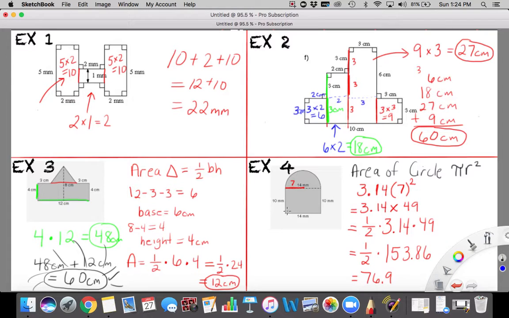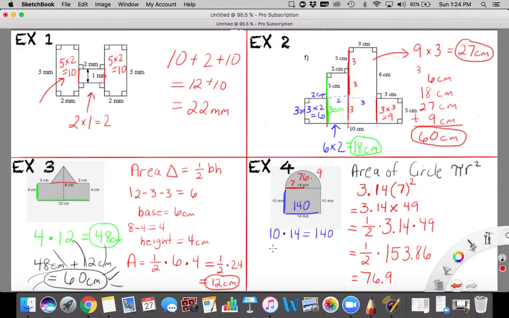We have 10 as that length and 14 as that width. So 10 times 14 equals 140. Okay, so we have 140 down here, and we have 76.9 up here.